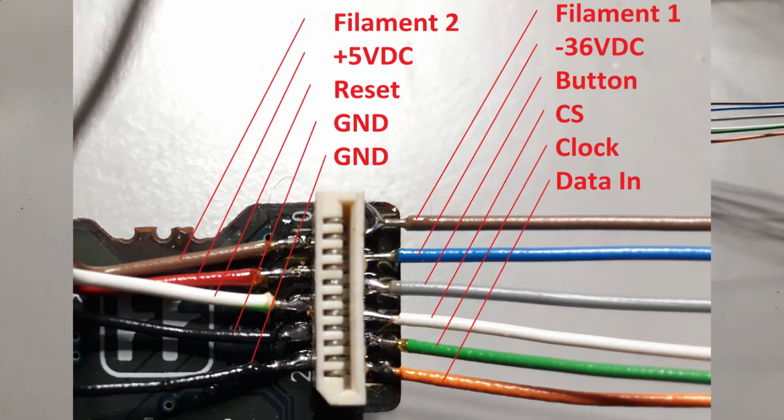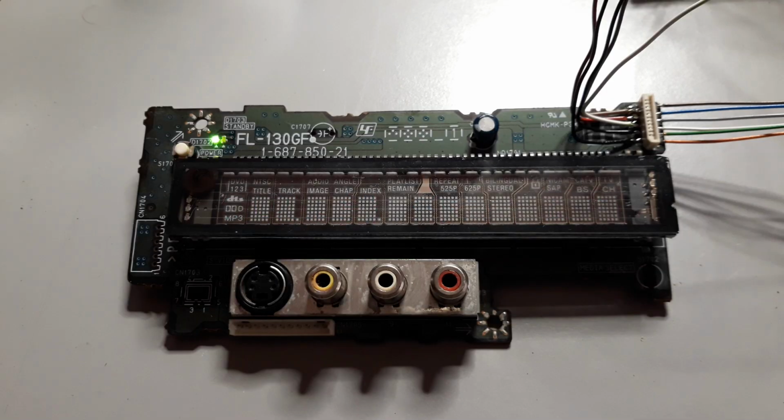The usual connections are data in, clock, chip select, and reset. We can leave the reset at the high value with a 1K resistor to plus 5 volts DC if we do not want to use pin 12 of the Arduino defined for this purpose in the code.